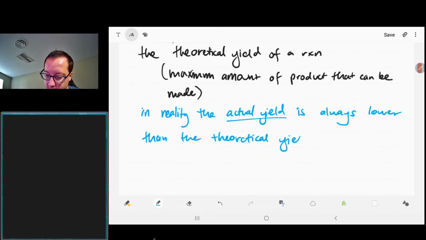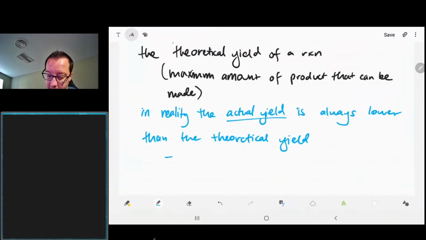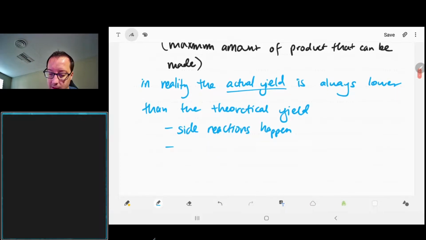And this can be for any number of reasons, one of which could be that side reactions happen. Or we have kind of solubility issues. You don't need to memorize these, but these are just kind of reasons that we never get the full yield that we would expect.